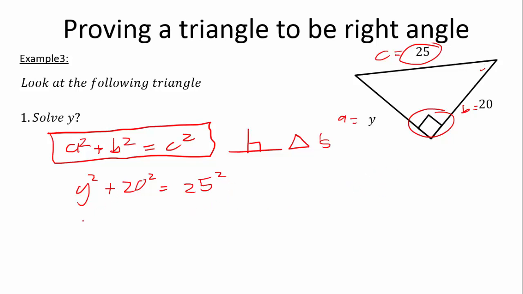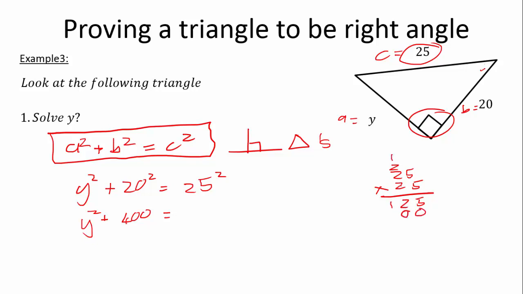Okay, let's see how we can do this. So we're going to leave that as y squared plus 20 squared is 400. That is equal to 25 squared. So that's 25 multiplied by 25. 5 times 5 is 25, write the 5 and carry the 2. 5 times 2 is 10, plus another 2 is 12. We add our magic 0. 2 times 5 is 10.